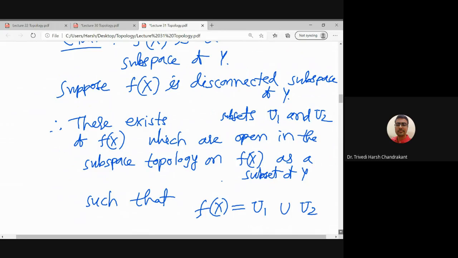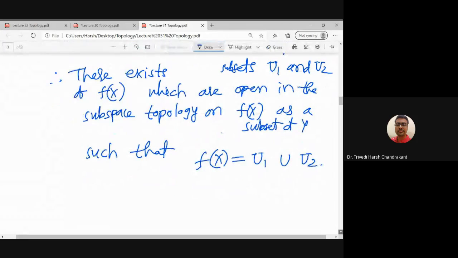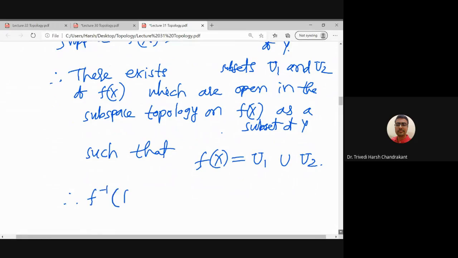Now using this information, we can apply f inverse to both sides. We will get f inverse of f(X) on the left side, and in the same way f inverse of u1 union u2 on the other side.